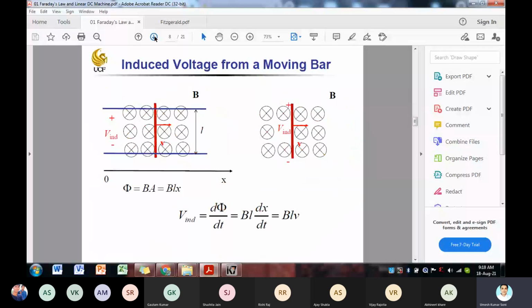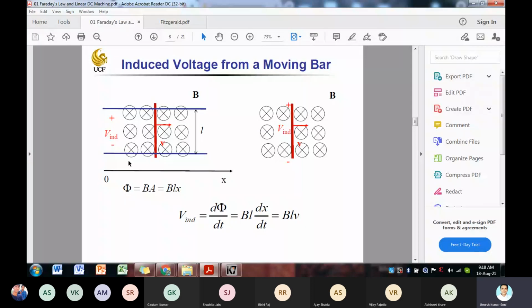V induced equal to BLV. This is actually the overall flux, given by the magnetic flux density times the area. Area is given by L times the total movement swept, the flux swept. The conductor sweeps the flux. Okay, the conductor cuts the flux over this whole travel distance.